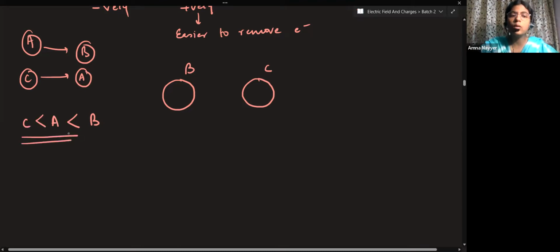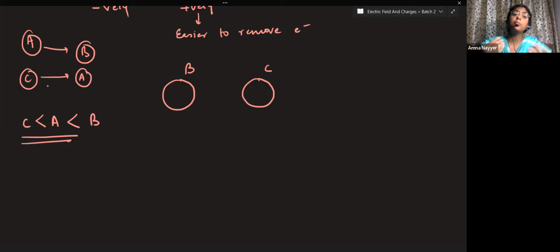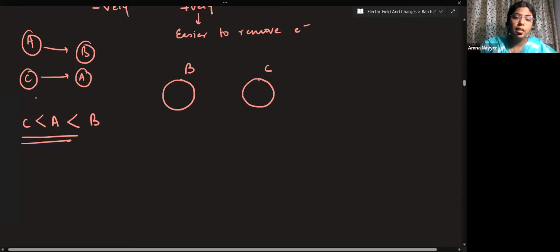How did we conclude this? Because electrons present in A were weaker than in B, that's why electrons were able to transfer from A to B. In the second part, electrons were able to transfer from C, which means electrons present in C are weaker than in A, so electron removal becomes easier from C. It means electrons are tightly bound in B and weakly bound in C. So if electrons are weakly bound in C and strongly bound in B, electron transfer will occur from which, C to B or B to C?